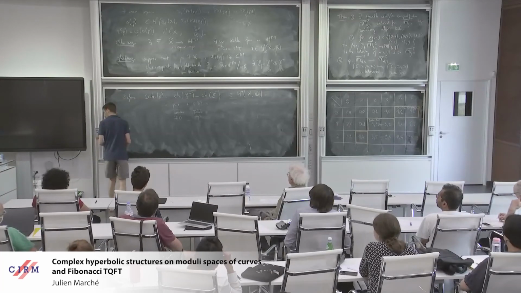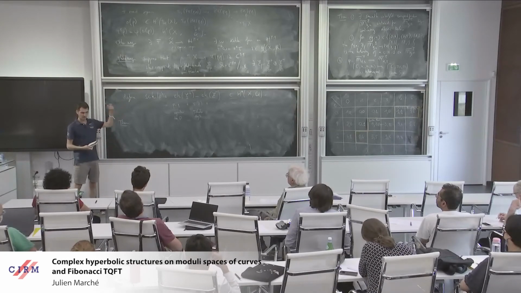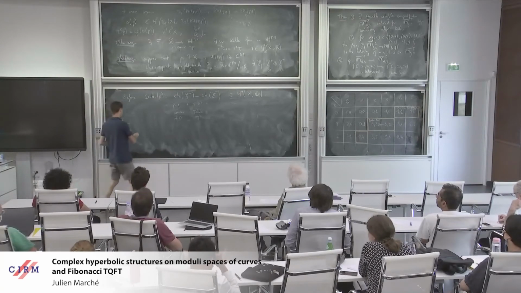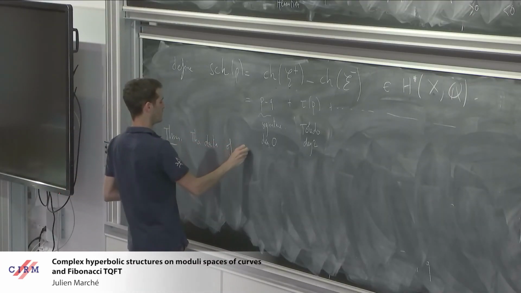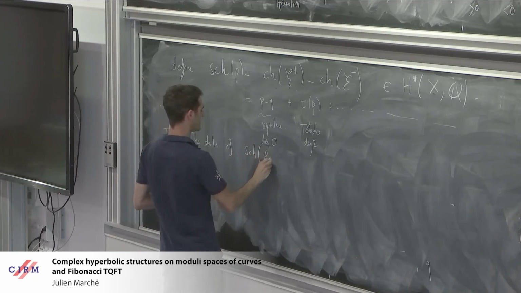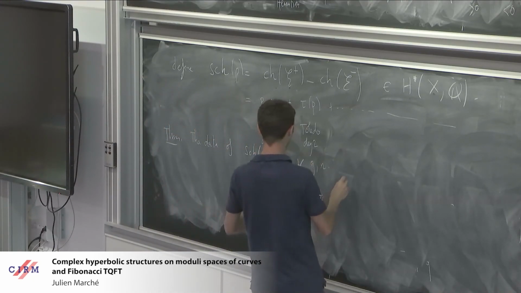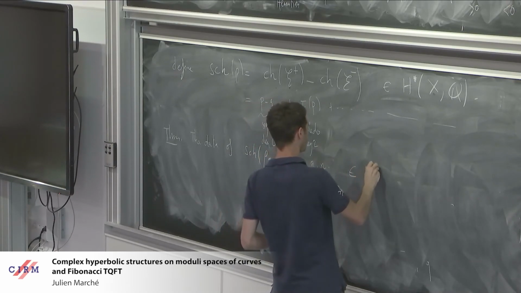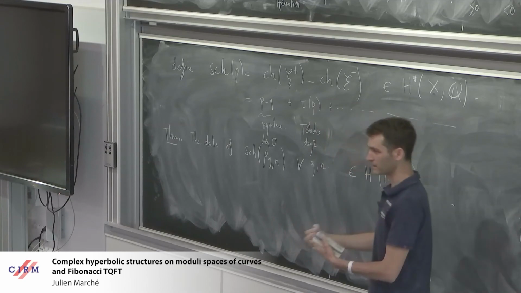So I can just say that one of the main theorems which allows at least the computation of the Toledo invariant is the fact that the data of the classes for rho, g, n, for all g, n, so these families of cohomology classes in M_{g,n} bar, are related themselves.